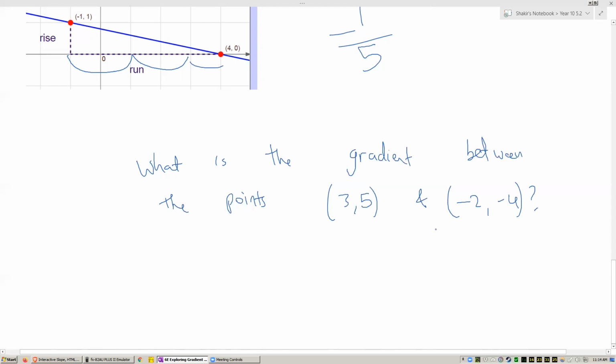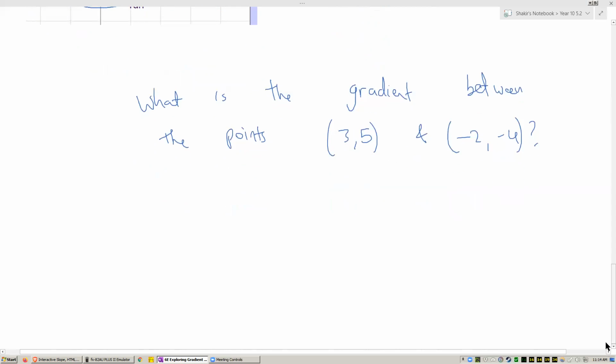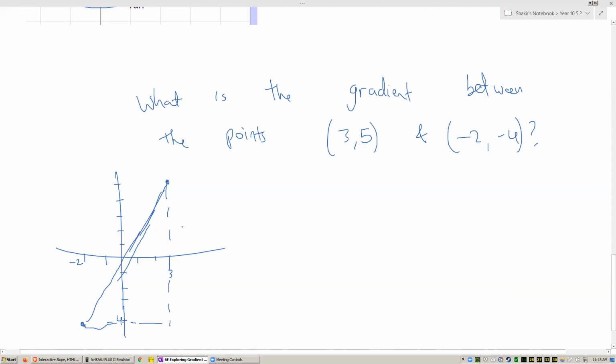In this case, one approach would be to graph this: 3, 5, you go 1, 2, 3, and then 1, 2, 3, 4, 5. You put a dot there, and you go -2, -4, and put a dot here, and then you do it using the visual method. You look at the rise, you look at the run, and so on. So you draw a dotted line going down, and you think about rise over run. Another way you can do it is simply just to use change in y over change in x.